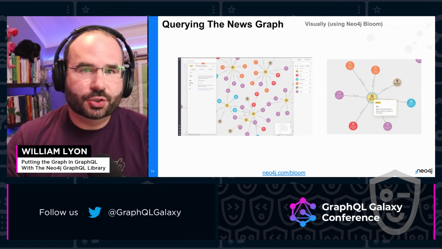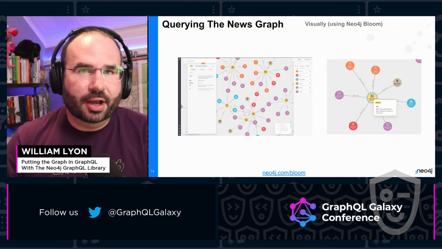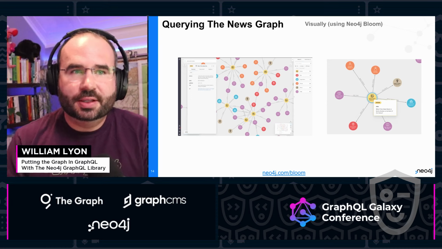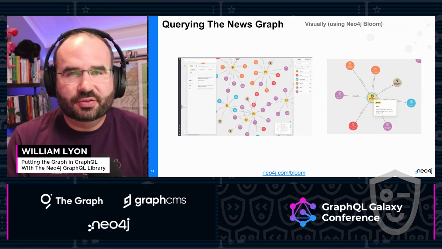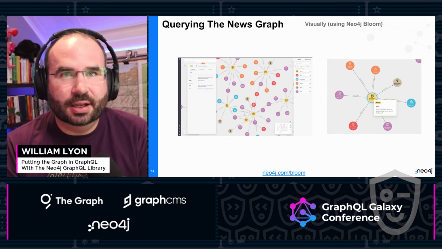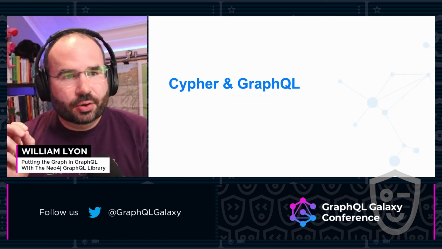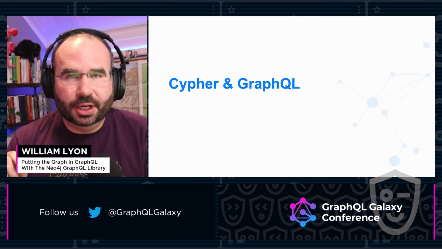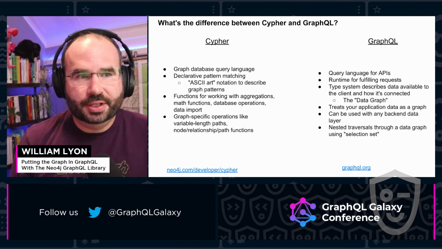We could use visual tools, for example, Neo4j Bloom, which is a graph exploration tool. All of these are querying the same data, this news graph, but in sort of different modalities and in different contexts. So let's zero in on comparing Cypher and GraphQL in the context of this news graph data.